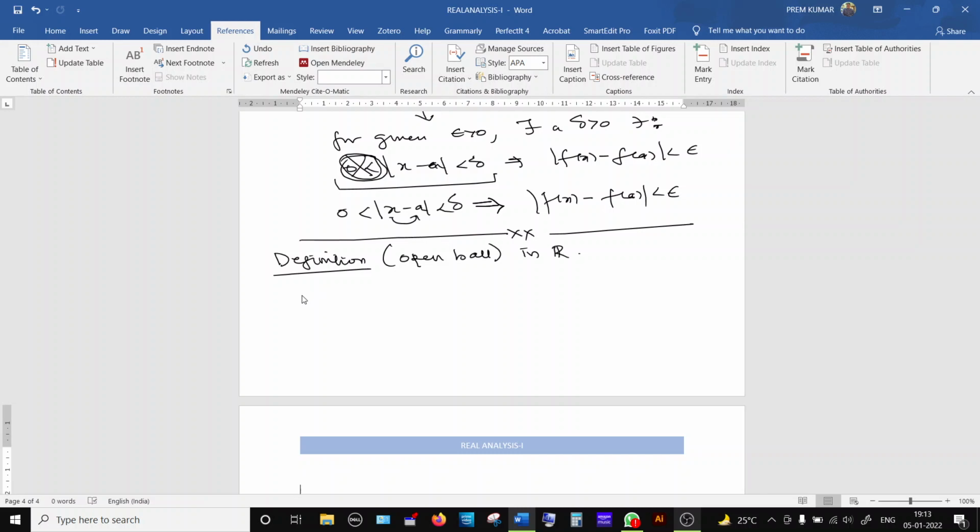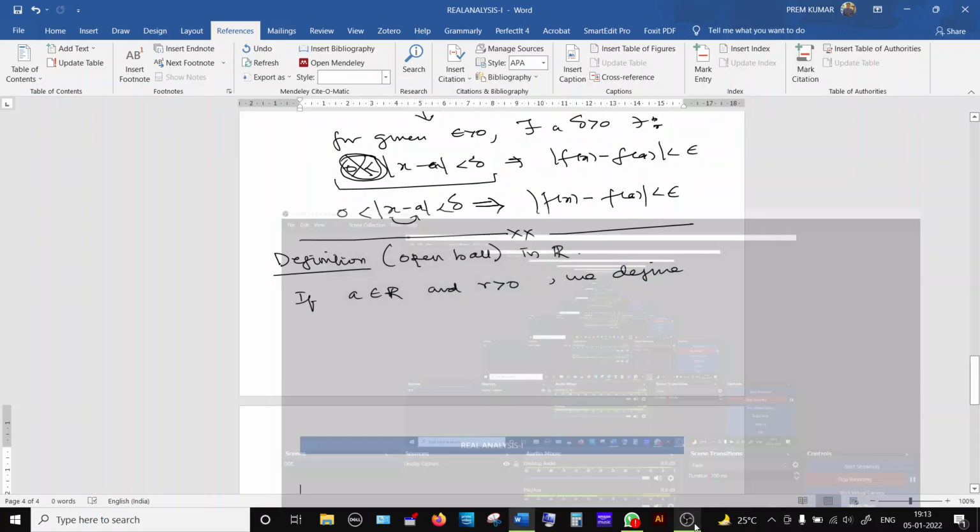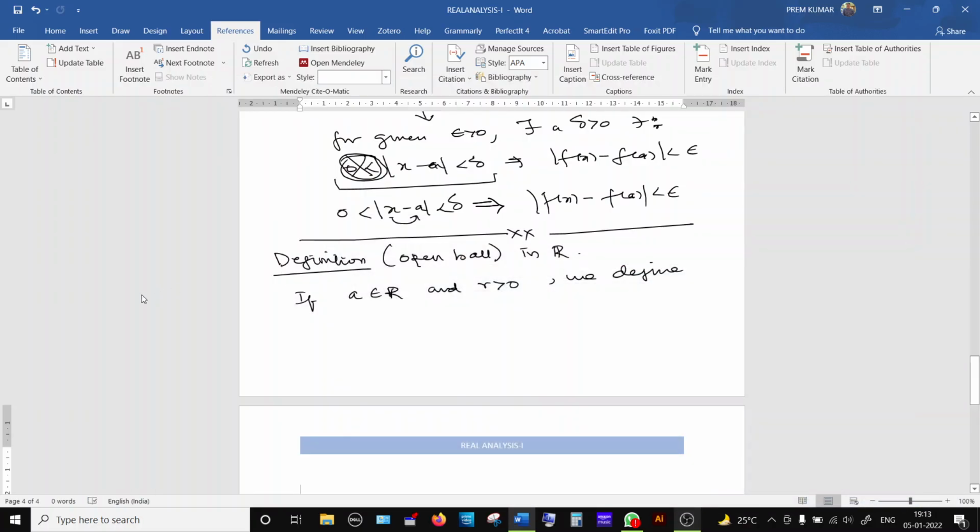Now suppose I take a point A in R and a real number r greater than 0. We define an open ball, for which we use the symbol B of A semicolon r.